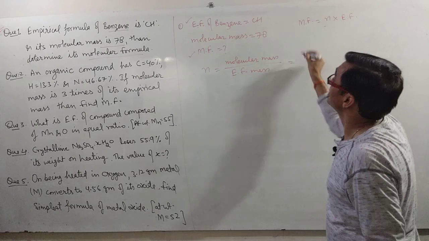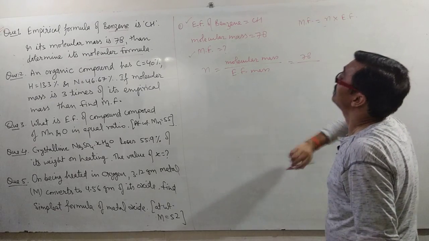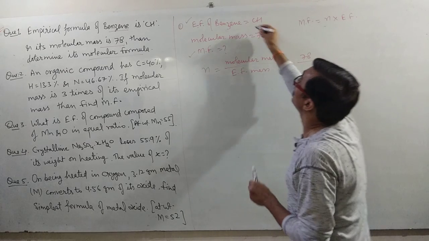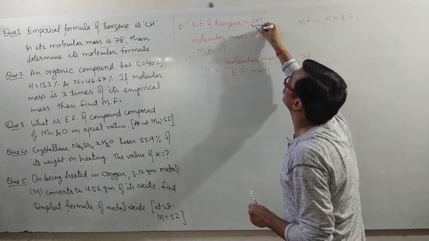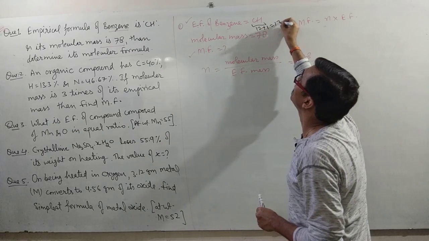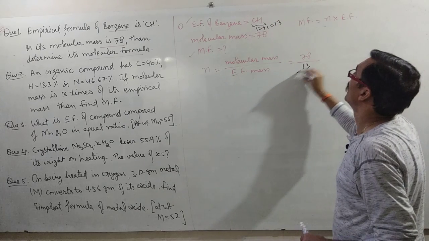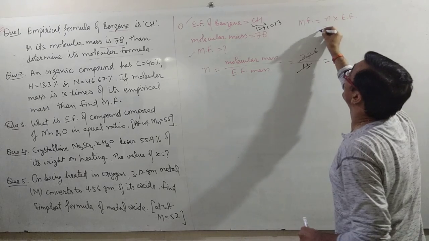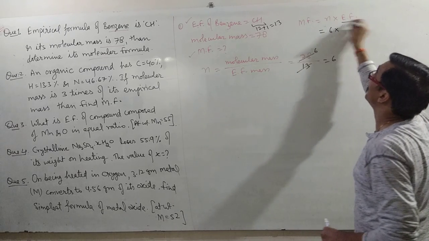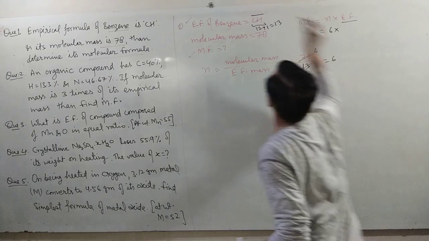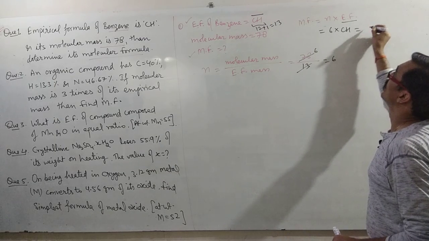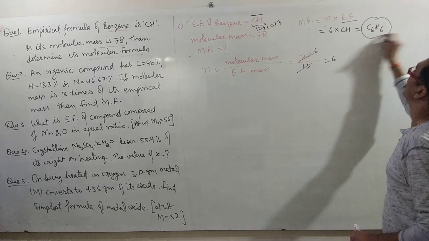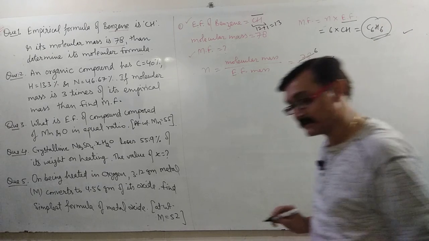Molecular mass is 78, given in the question, and the empirical formula mass from CH, carbon 12 plus hydrogen 1, is 13. So 13 times 6 is 78, n is 6. So the molecular formula is 6 into the empirical formula CH. So the molecular formula of benzene is C6H6.